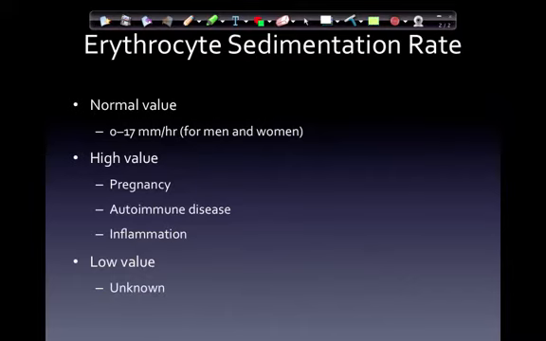Now what a sed rate is, it shows us if you are inflamed, then you're going to have more cells. And the more cells that you have in your sample, the longer it's going to take for the sediment. Normal values are 0 to 17 millimeters an hour. So an example of this, let me show you here.